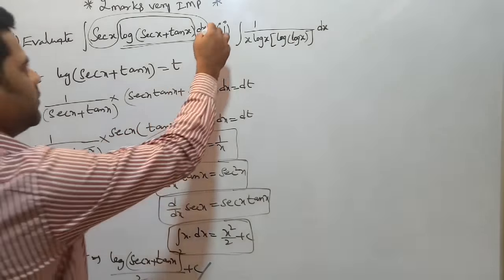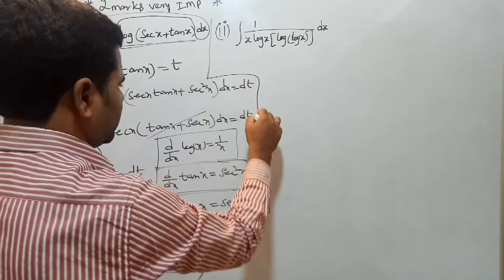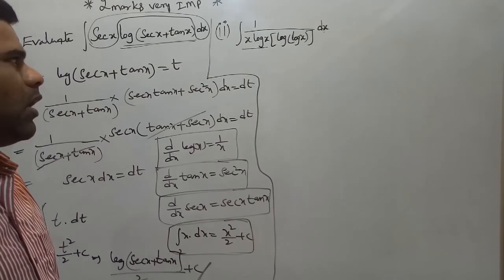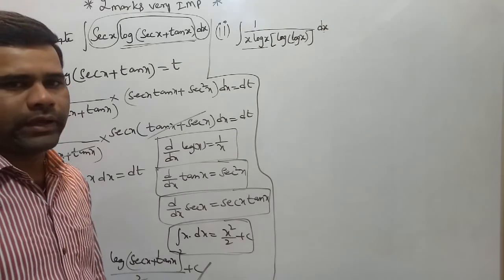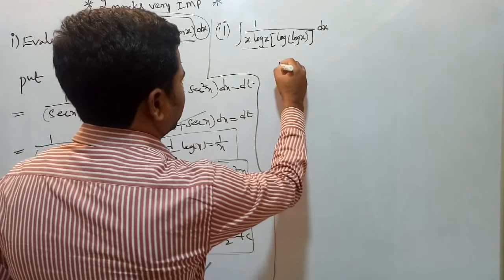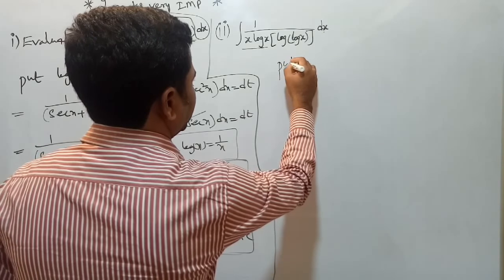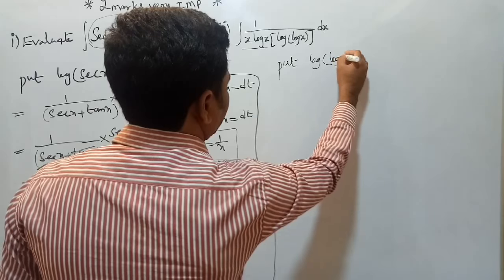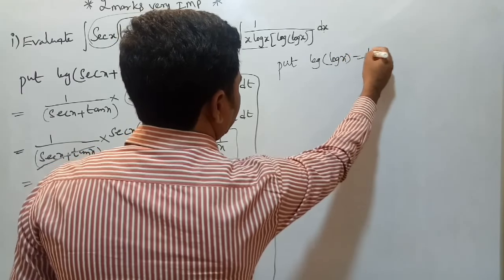Now second one is integral 1 by x log x of log x into dx. So first put log of log x is equal to t.